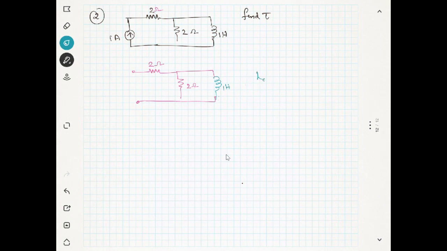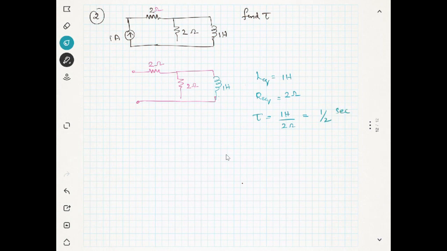L equivalent is 1 Henry. And what is R equivalent here? It is just 2 ohm, because the other end is open circuit. So the time constant is 1 Henry divided by 2 ohm, which is half a second.